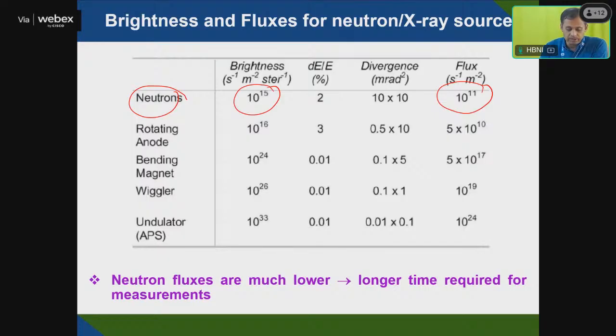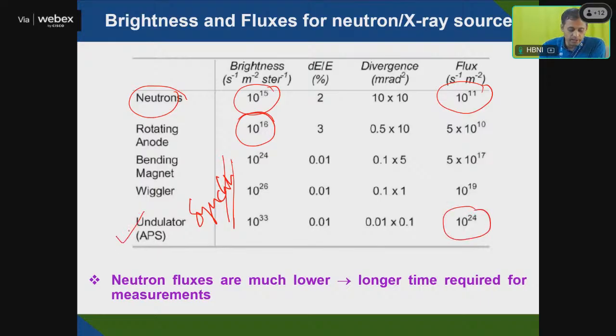And in case of the X-ray produced in a single crystal rotating anode, in case of single crystal XRD, or the X-ray produced in a synchrotron, you can see the brightness is much higher, and similarly flux is of order of 10 to the power 24.